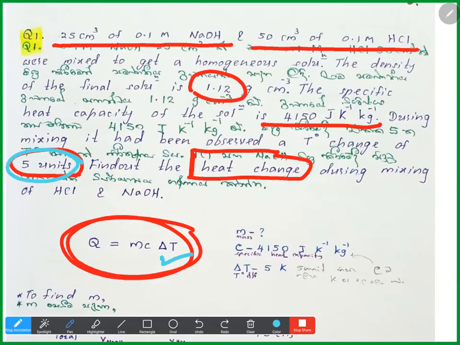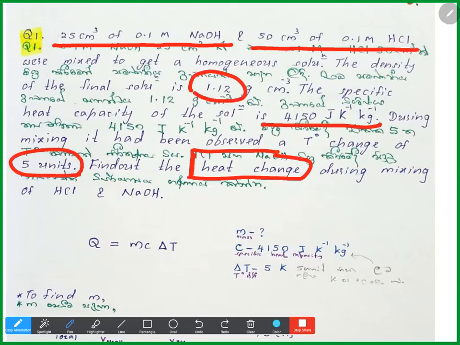Whatever the given units of specific heat capacity, we use that unit for temperature. They were given here Kelvin, Kelvin per Kelvin. So we're going to get that temperature change as 5 Kelvin. Okay, so the temperature difference part has already been solved.